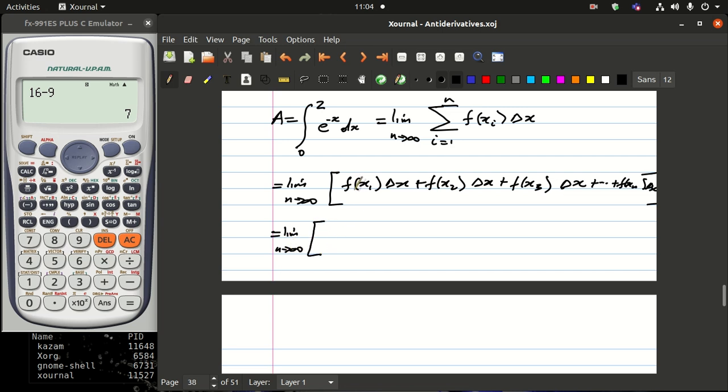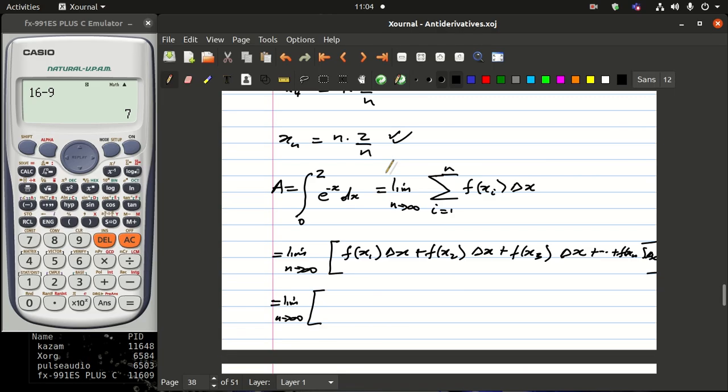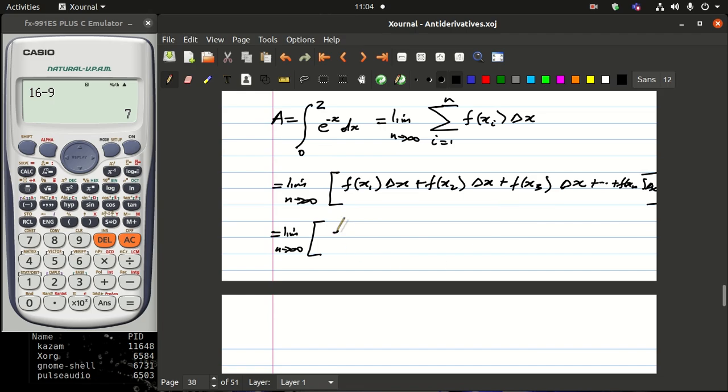So here, what is f of x1? Looking into this here, if I have f of x1, I'm going to plug in a 1 here, which means I have to plug in a 1 there. So I have e raised to minus x1 times delta x. What is delta x?